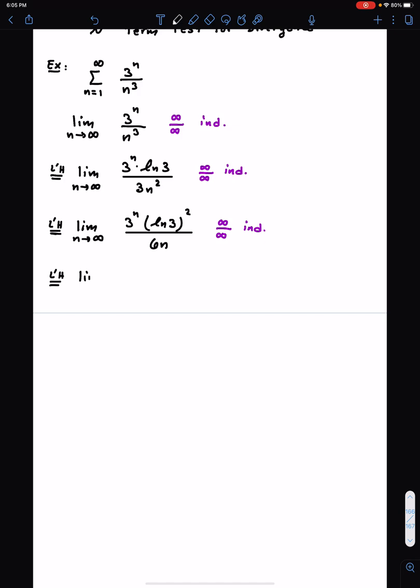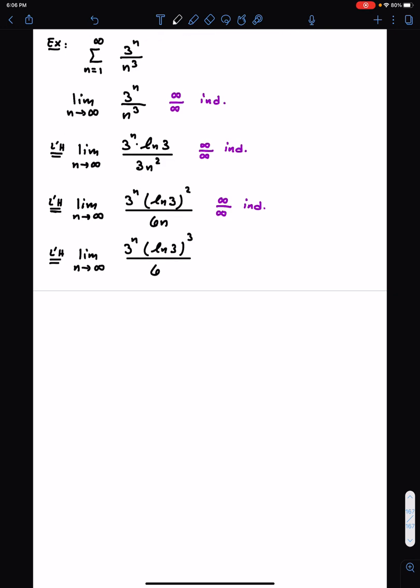This is equal to the limit as n approaches infinity of 3 to the n times the natural log of 3 cubed divided by 6. So this limit is equal to infinity, which is non-zero.